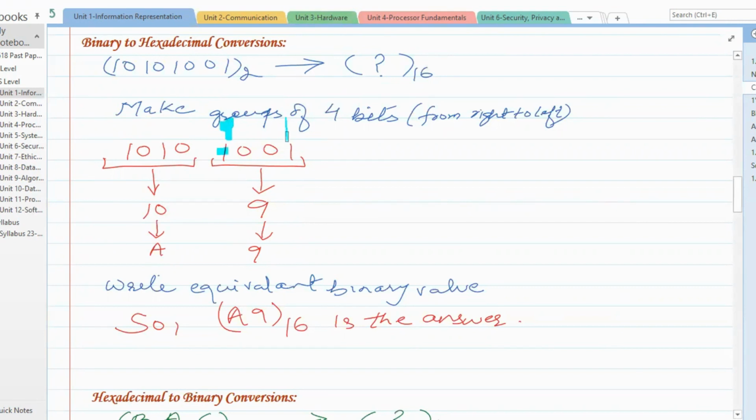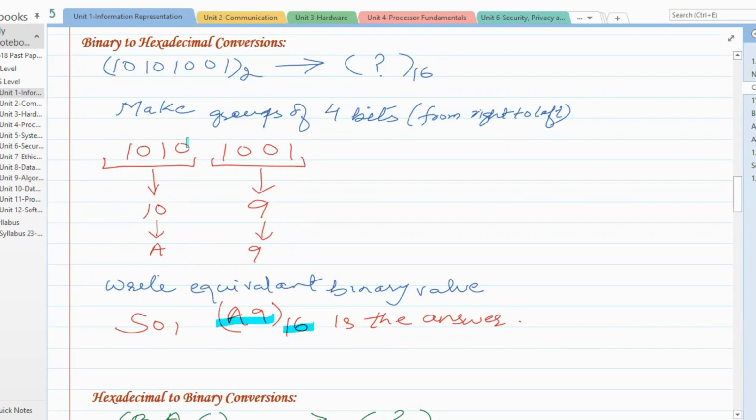And this is 1, and 8 plus 1 is 9. So 9 in hexa, we write it as 9 only. And here this is 10, and 10, we don't use 10 in hexa. Instead, in place of 10, we use A. So our answer is A9 in hexadecimal.